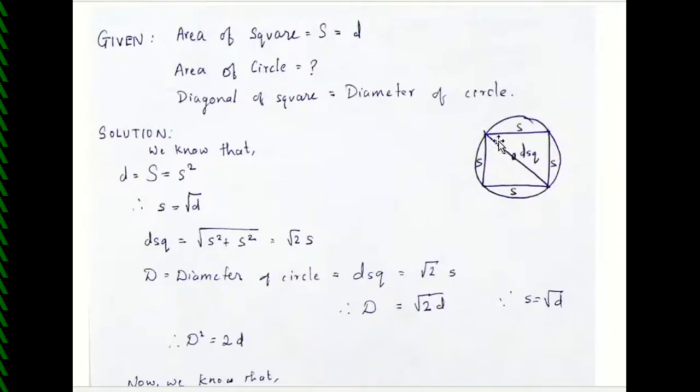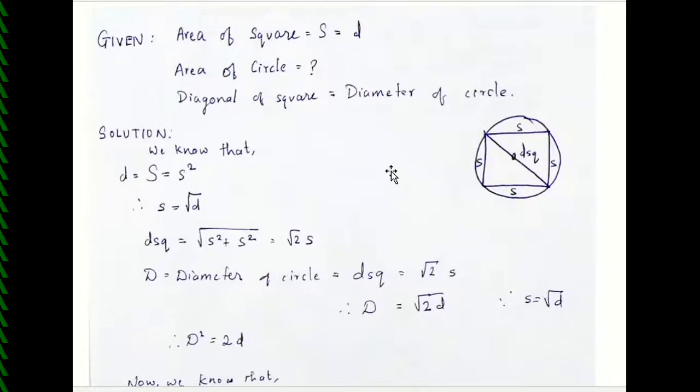So this line is both the diameter of the circle and the diagonal of the square. Obviously the circle fits into the square, because the distance from the midpoint to the outline of the circle is going to be the radius, so it fits all the way in.